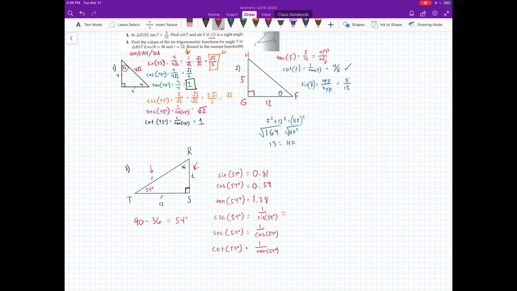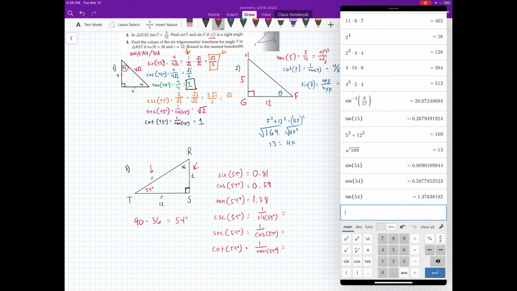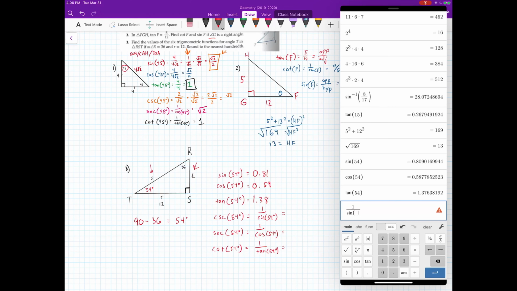So I'll just go ahead and type those into the calculator. So 1 over sine 54, right? And that gets me 1.24.